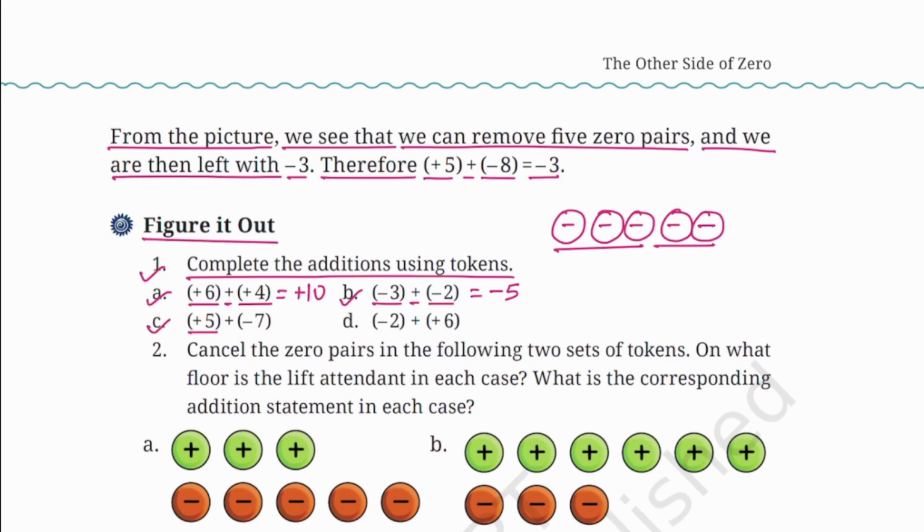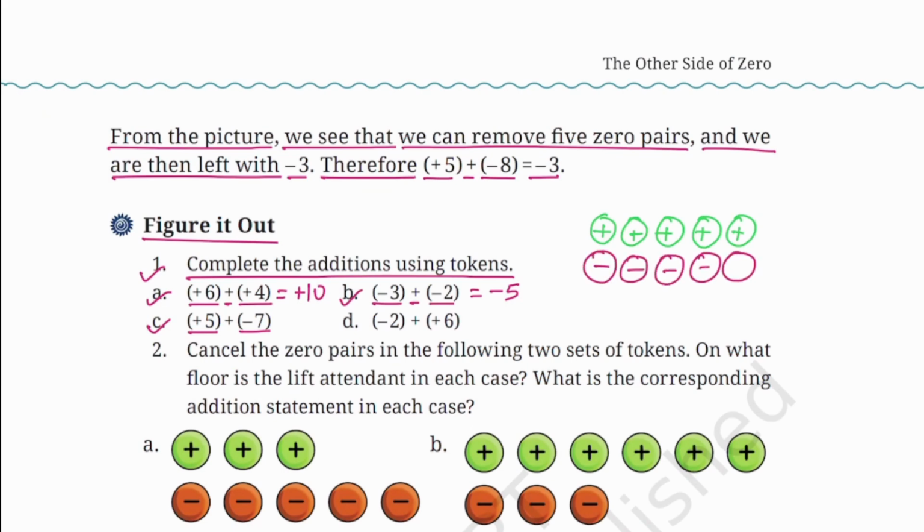C: plus 5 and -7. Plus 5 means 5 green tokens and -7 means 7 red tokens. You can see these tokens will cancel each other. They will form 0 pairs and 2 red tokens will remain.